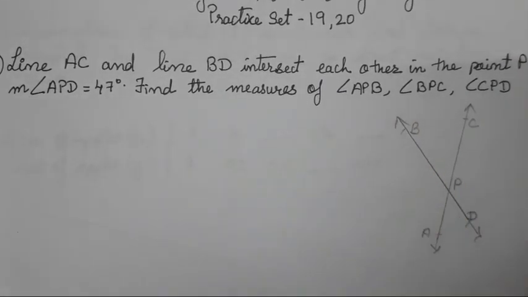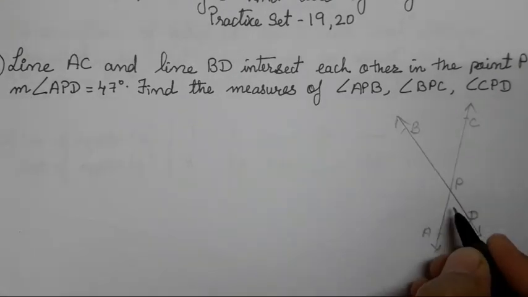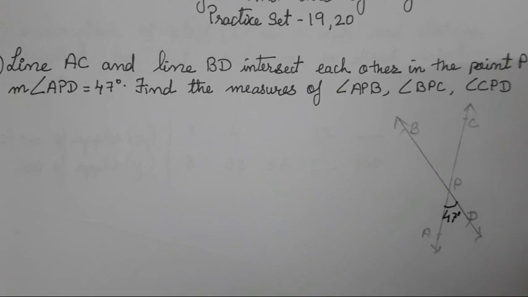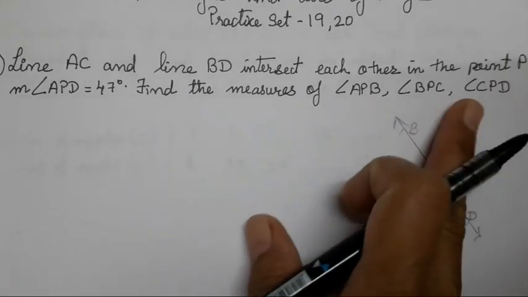APD means this angle is 47 degree. Alright, so how are you going to find the other angle? By the vertically opposite angle method and angle in linear pair. These two methods only you all have to use in order to find the remaining angles which are being asked.